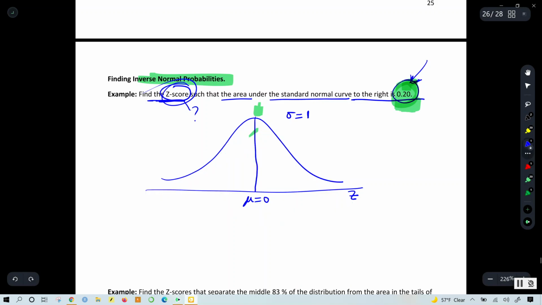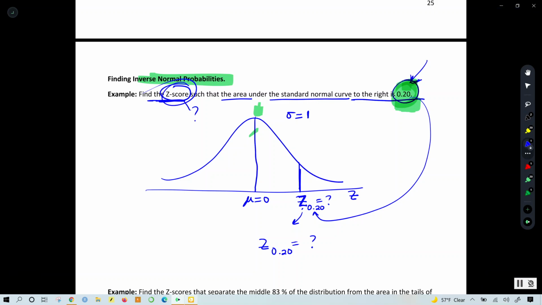So now that I know that it's not on the left, I should know that the missing number is definitely on the right. So I'm going to call that number Z, and I'm going to put a subscript 0.20 there. This is the unknown number. So Z, whose region to the right is 0.20, is what we want to find. How do we find that? Using technology.